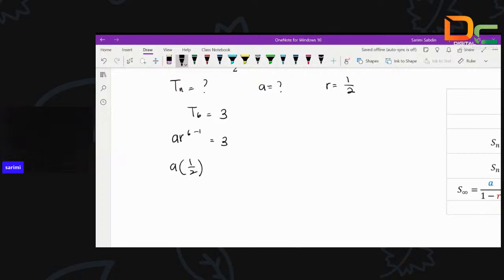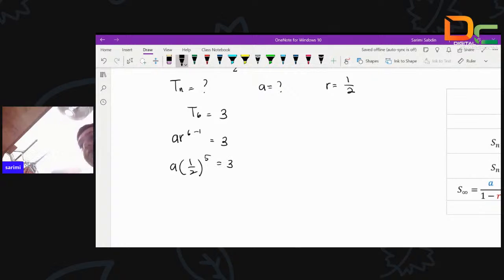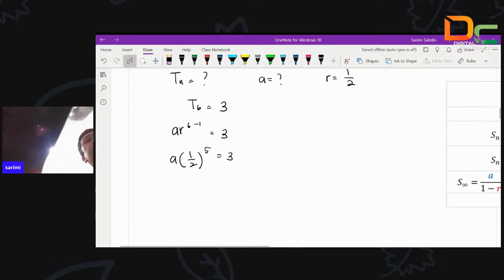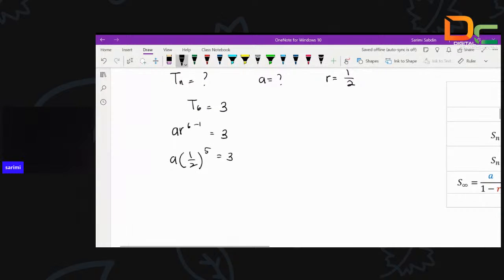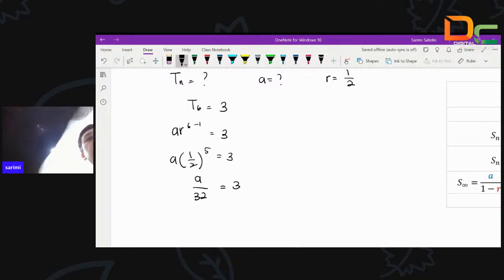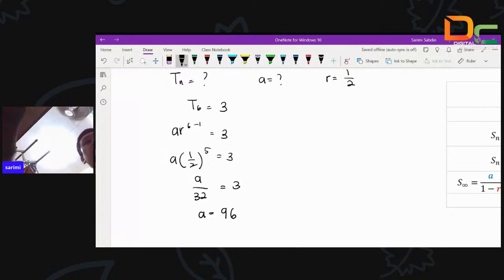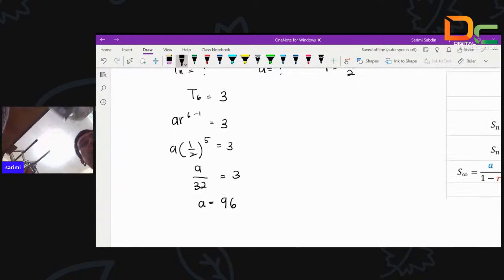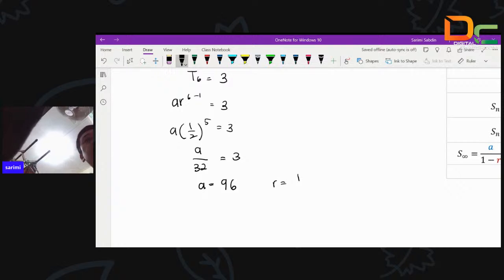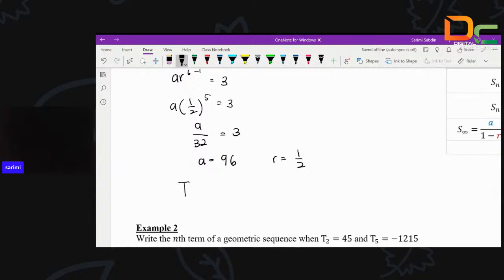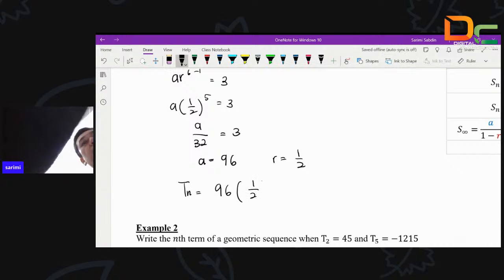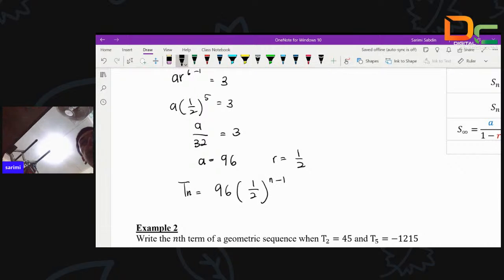So a times half to the power of 5 equals 3. Half to the power of 5 is equivalent to 1 over 32. So it becomes a over 32 equals 3. So a equals 96. Now we have the value of a and also r, so we can substitute those values into the formula of Tn. So Tn equals 96 times half to the power of n minus 1.